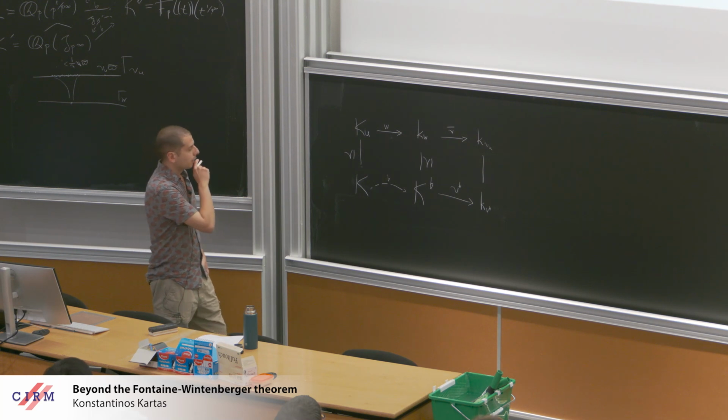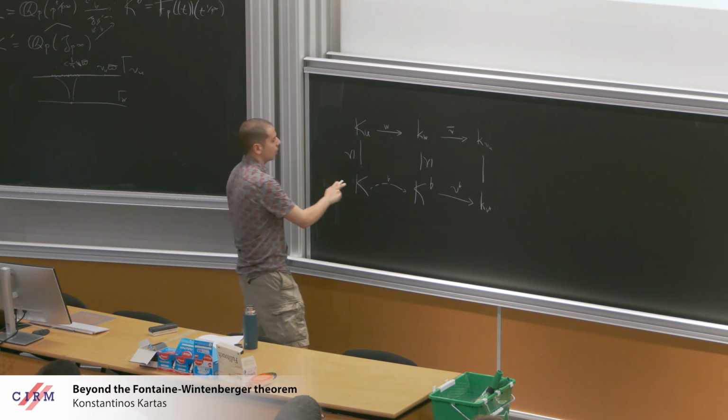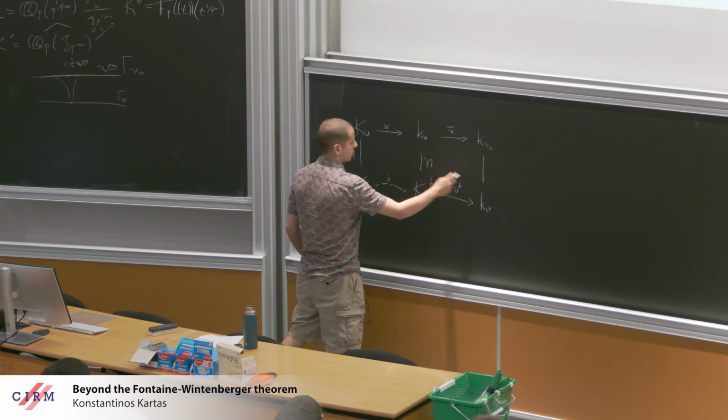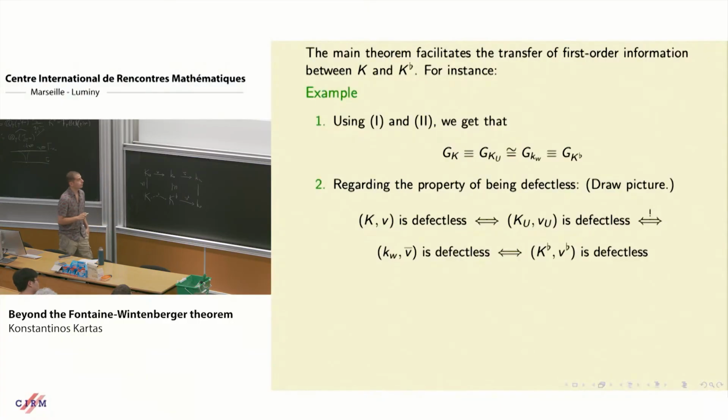So now by looking at this picture, Kv is defectless if and only if this is defectless, that's completely formal. But now I know that this is defectless by part 1. I know actually much more than that.